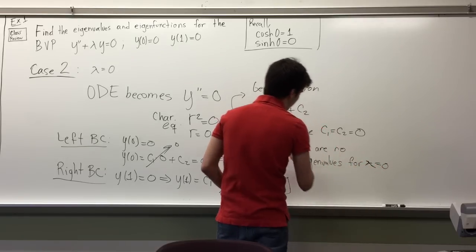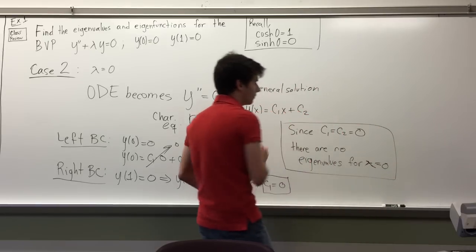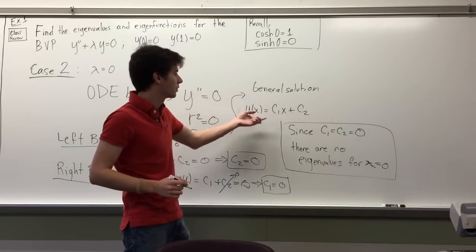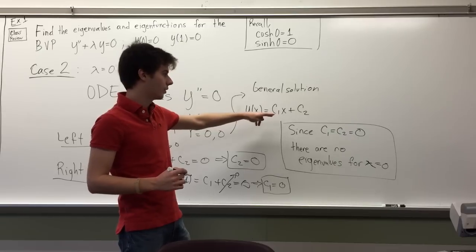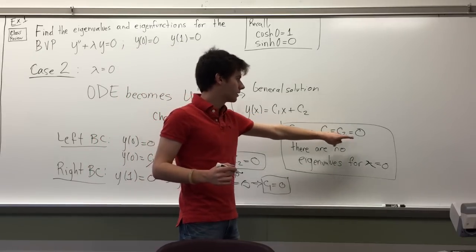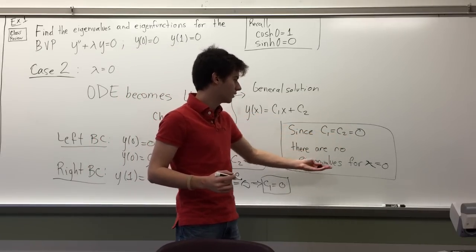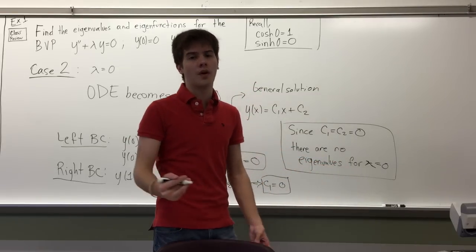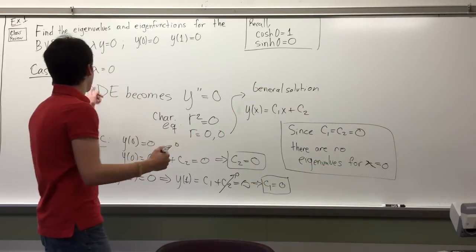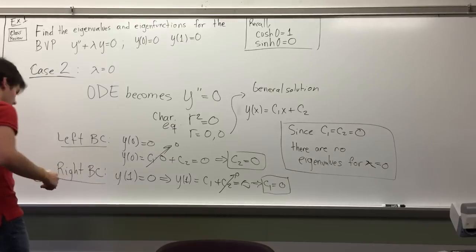And that is because our general solution would be the trivial solution, y of x is equal to 0. So since our constants are equal to 0, there are no eigenvalues for lambda equals 0. But let's consider our third and final case, that lambda is greater than 0. And let's see what we find.